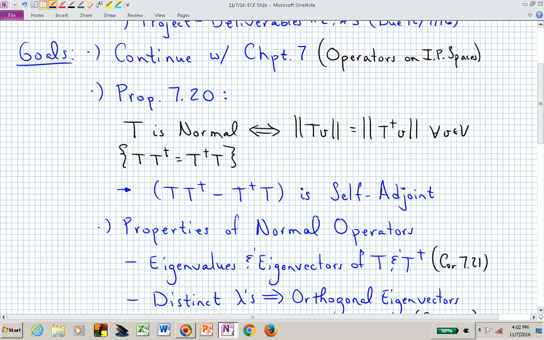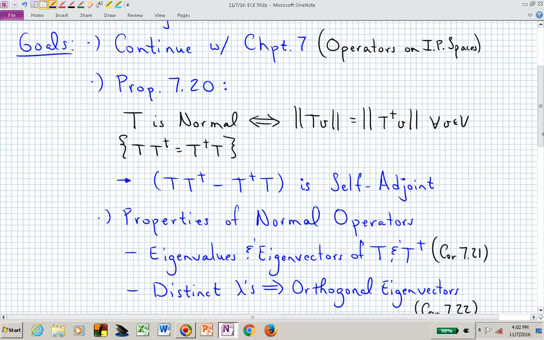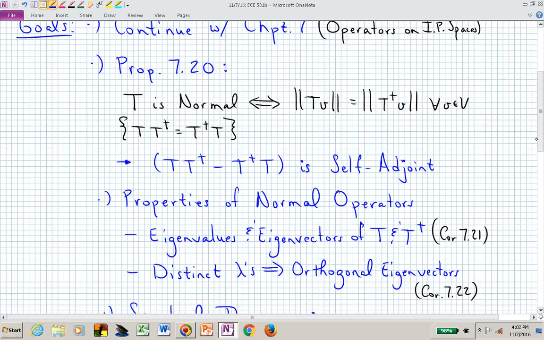We'll prove in our first part of today's class that the norm of TV is equal to the norm of the adjoint operating on V for all V, and we'll show that T dagger T minus T T dagger, which is really equal to 0 when it's normal, is a self-adjoint operator.